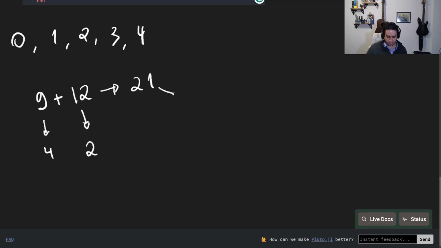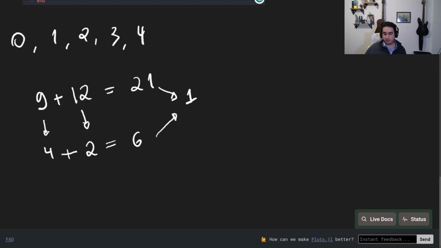This is actually 1, the remainder. Or you just do 4 plus 2 is 6, and the remainder is 1. These are all the same. So each one of these numbers is a representative of all of the numbers with that remainder.